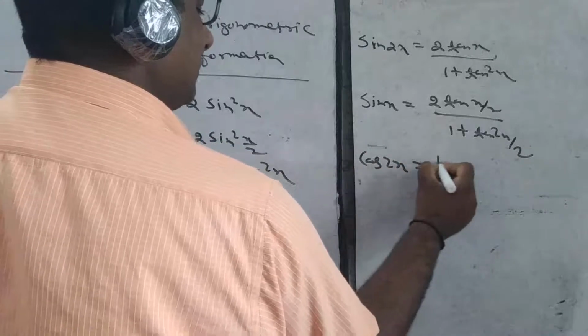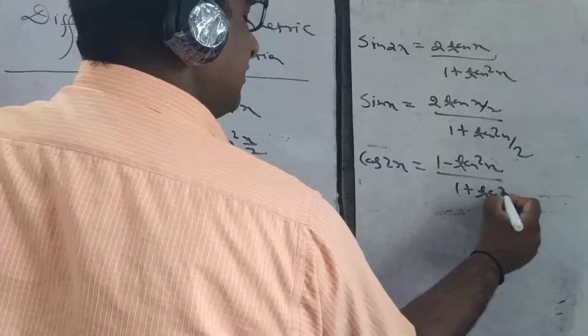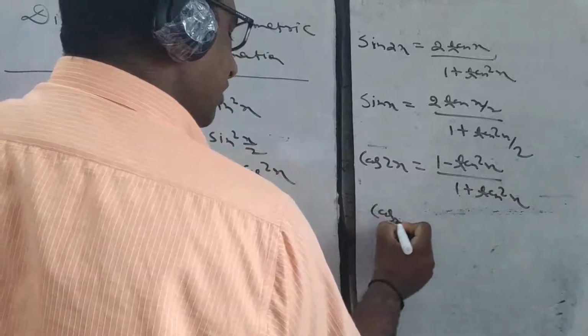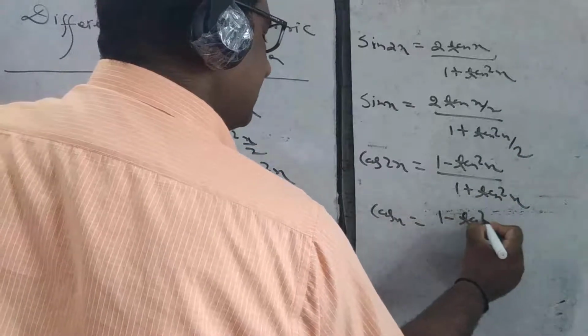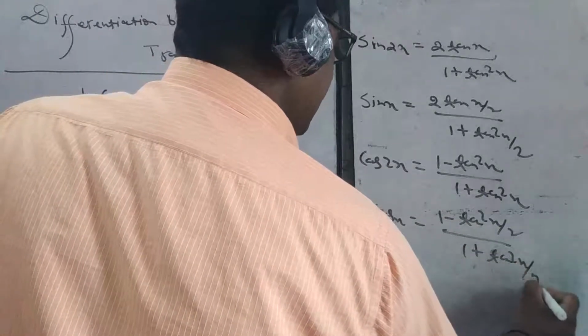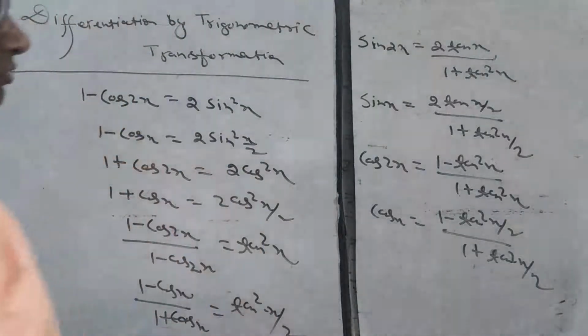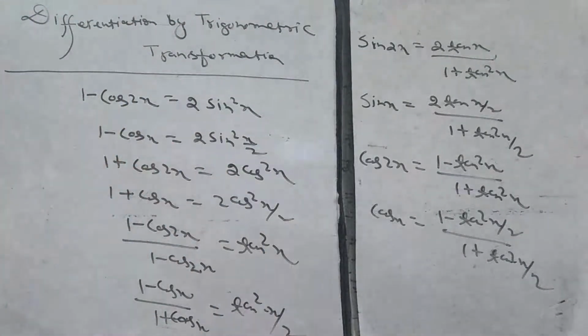Likewise, cos 2x is equal to 1 minus tan square x upon 1 plus tan square x, or cos x is equal to 1 minus tan square x by 2 upon 1 plus tan square x by 2. So this is sin and cos in terms of tan x.